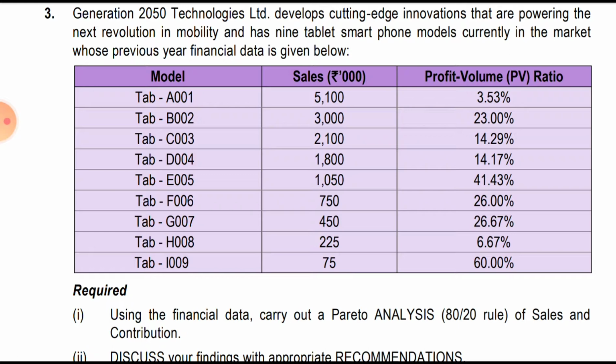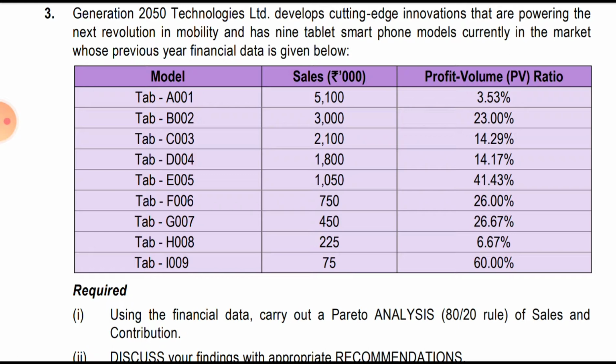Then we will write the sales column from highest sales to lowest. Then contribution to the sales: we will write the percentage of the sales, then the cumulative percentage. Then in the next column there will be the PV ratio.